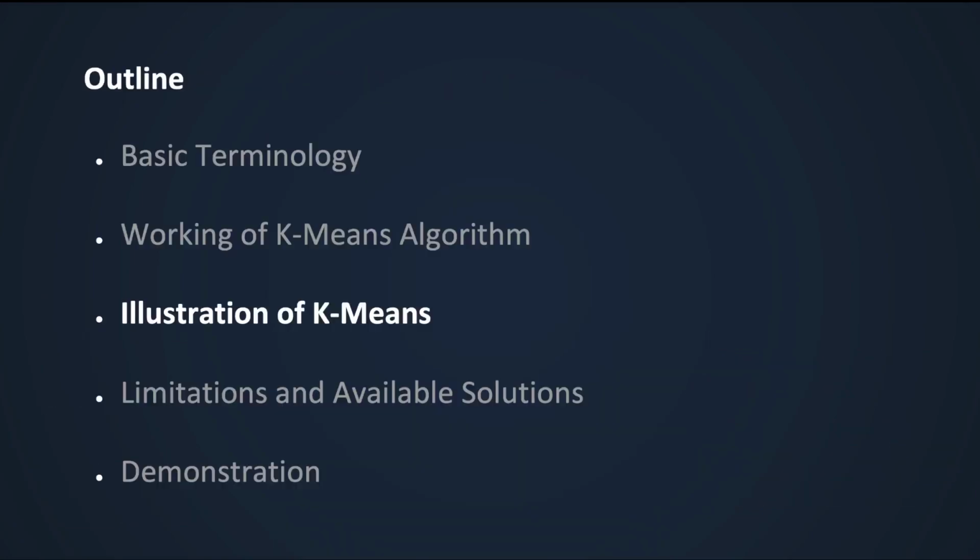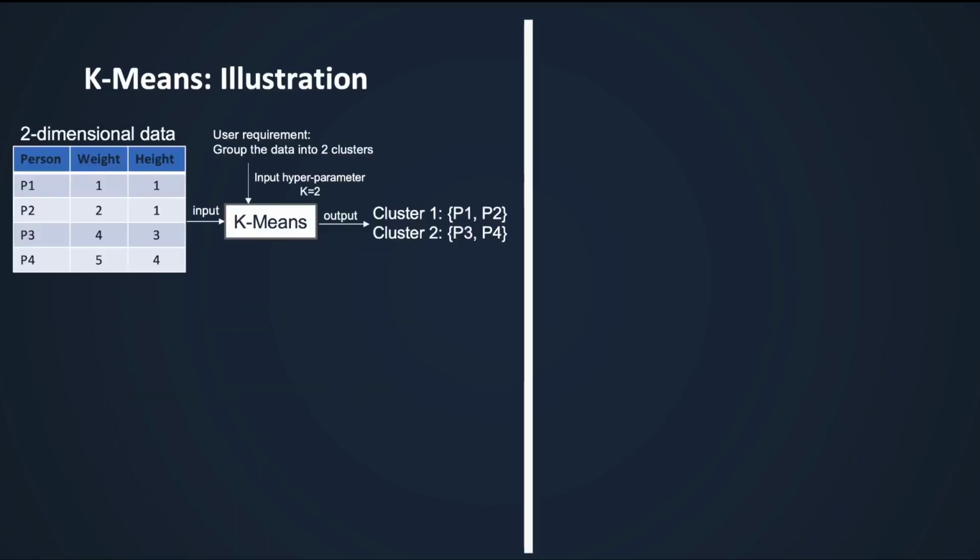We now illustrate the working of the k-means algorithm with an example. In this example, we will consider the weight and height of 4 persons and input it to the k-means algorithm and request the algorithm to cluster the given data into 2 clusters.